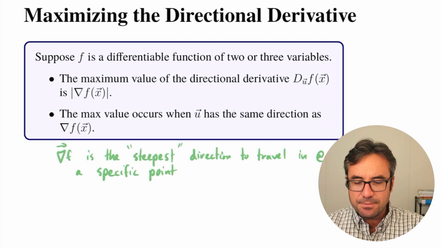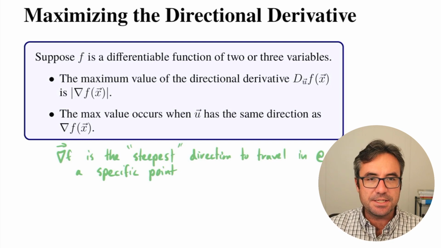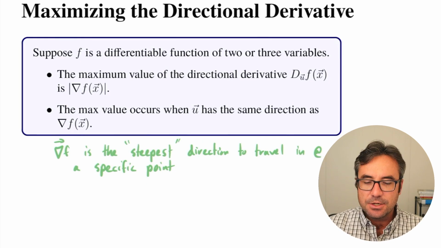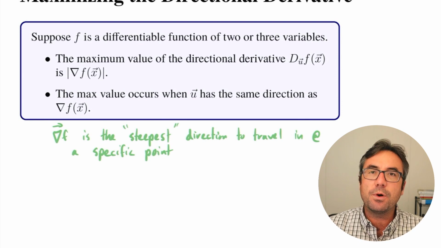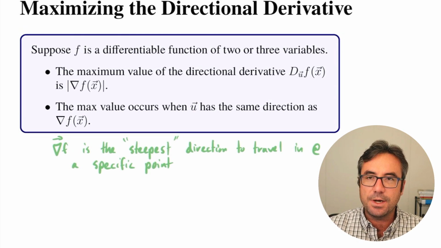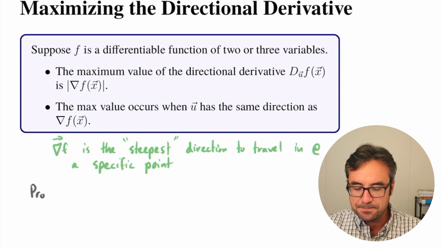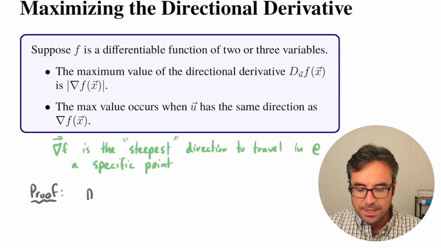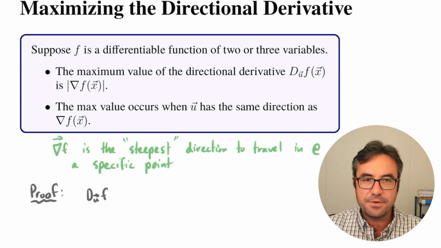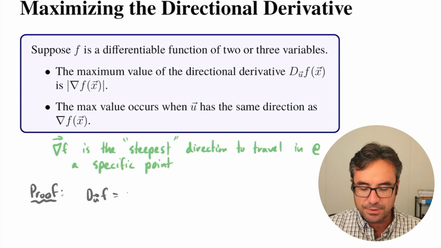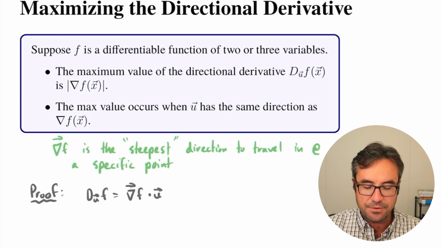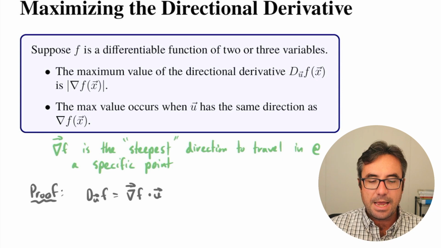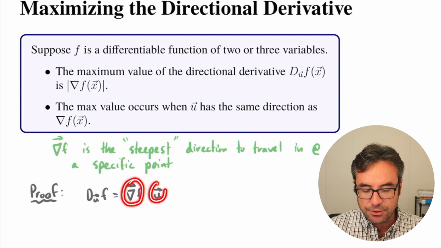So the proof for this actually isn't too bad, and it relies on just a little bit of knowledge about what the dot product is and a property of cosine. So let's look at the proof. Our directional derivative of a scalar valued function is, as we've seen, the gradient of the function dot product with our unit vector u. And we've seen these are 2 vectors.